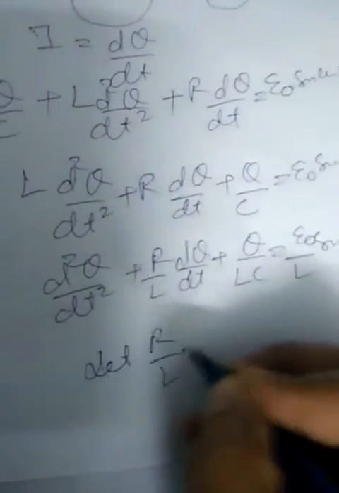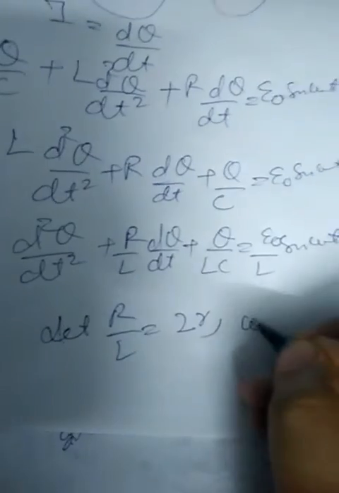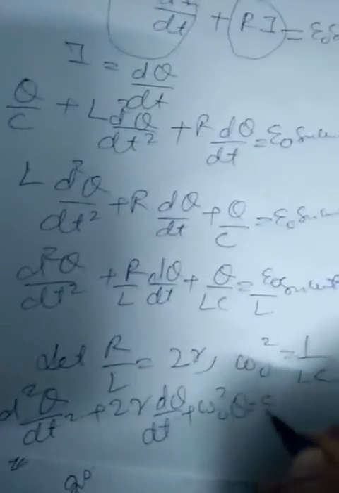Now let R by L be equal to 2 gamma and omega naught square be equal to 1 by LC. So the equation will be d2q by dt square plus 2 gamma dq by dt plus omega naught square q is equal to E naught sine omega t upon L. So this is the formulation of the equation for the LCR circuit.